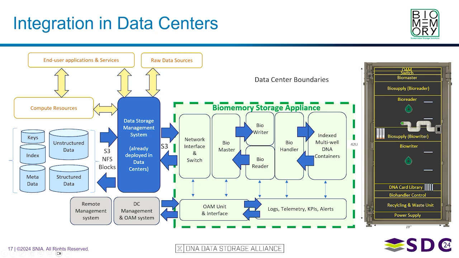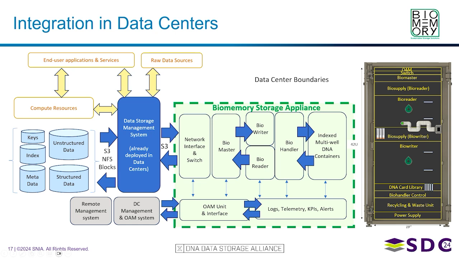So how does it integrate into a data center? Basically, you have two parts. You have the orchestrator and the interface and so on, which is basically a server exposing an S3 interface with a Ceph backend. And we use JBOD for managing all the buffering aspects.